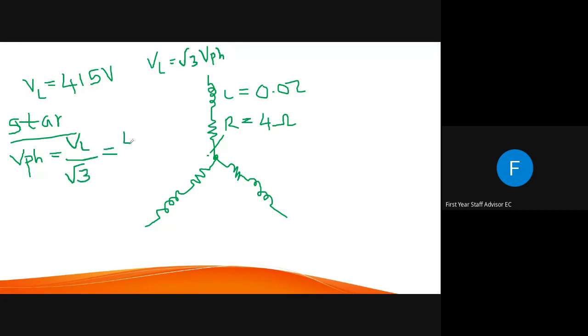So 415 divided by √3. What is the value of this? Anyone please tell me what is 415 divided by √3?